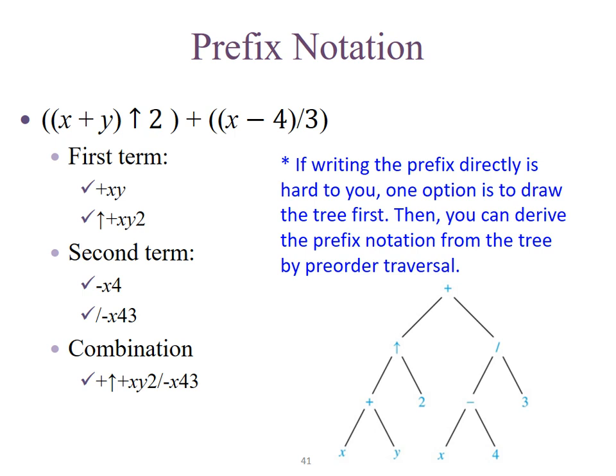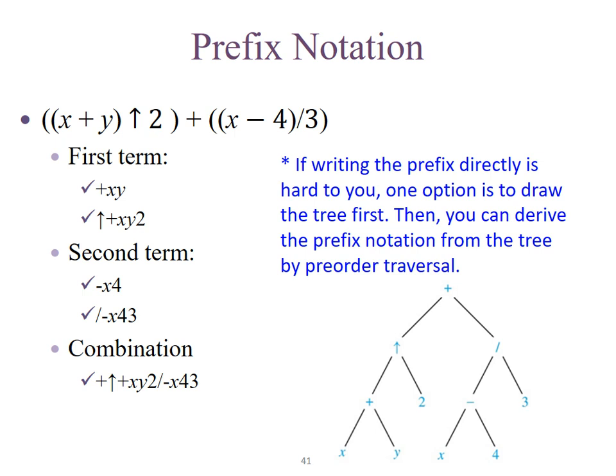So let's see this (x + y) ↑ 2, and then we have (x − 4) / 3, and then these two terms added together have a plus as the root. Once you draw this tree, you can apply our previous pre-order traversal method.